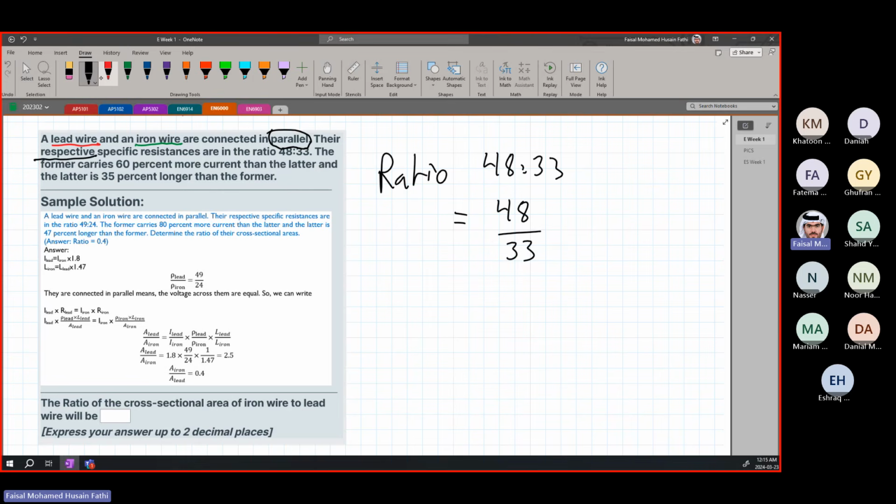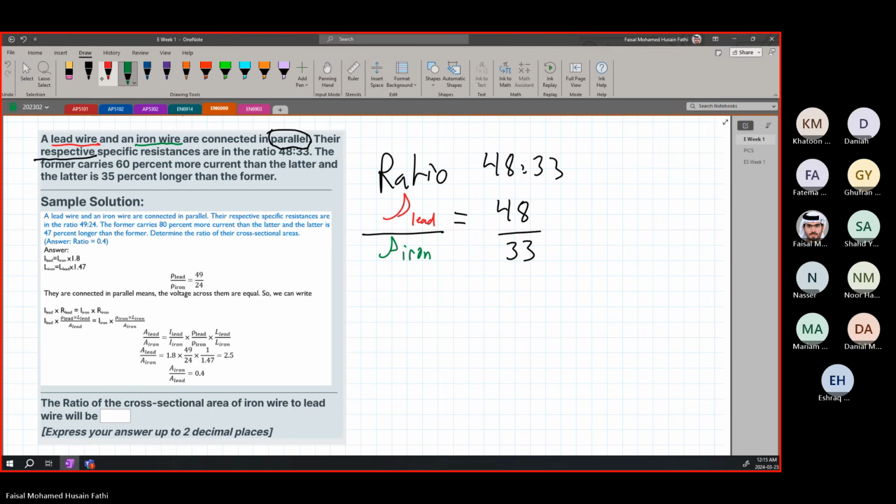So the order of it is the resistivity of lead over the resistivity of iron. When it comes to ratios, the order matters. So when you say ratio of lead to iron, this is how you write it. So it's just division. Ratio is basically just division. Okay, don't get confused by that.